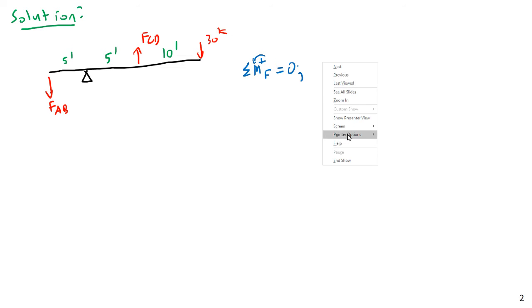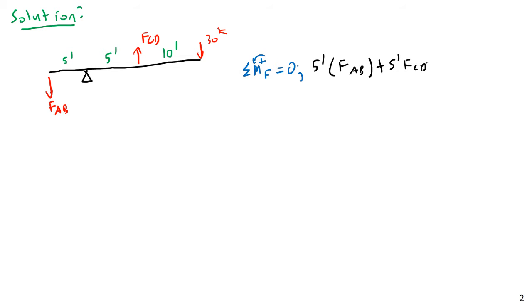From this, I'll get the following: 5 feet times F_AB plus 5 feet times F_CD, and then minus 15 feet times 30 kips is equal to 0.